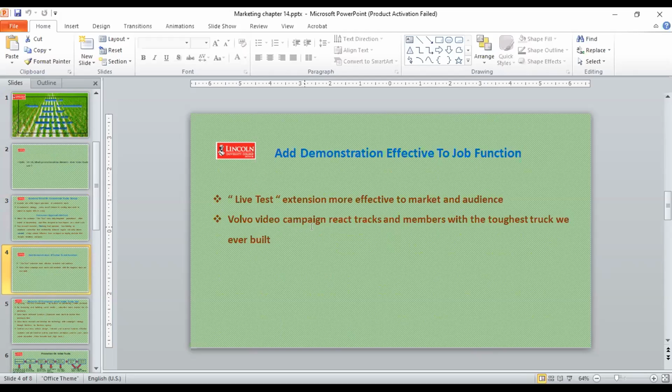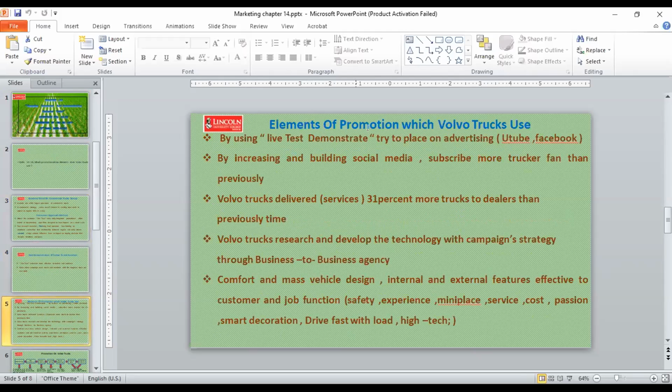Volvo video campaigns reach trucks and members with the largest trade we ever paid. And then the elements of promotion which Volvo Trust uses: online pages, YouTube, Facebook, using live press demonstrators, trying to place advertising.